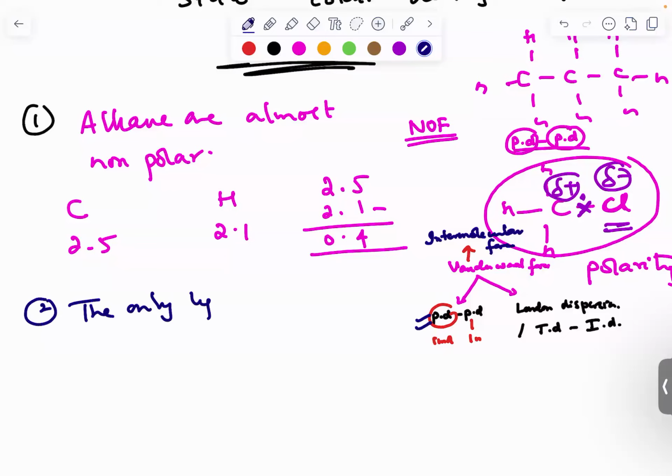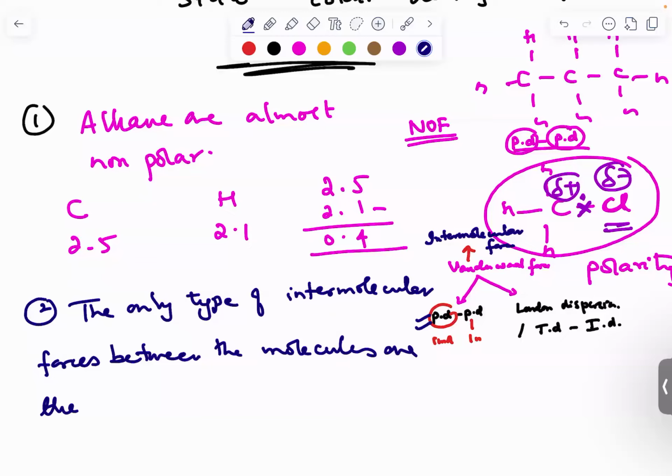The only type of intermolecular forces between the molecules are the weak van der Waals forces.